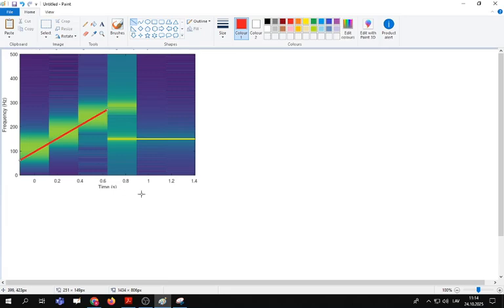But your fragment of the signal is actually limited to this time duration, and as you can see, within that time duration your frequency changes all the way from here up to here. And the frequency itself is, like, a linear function here.